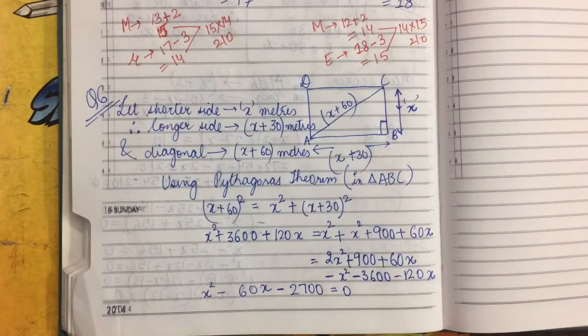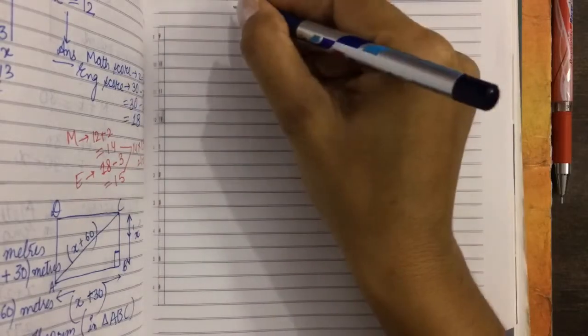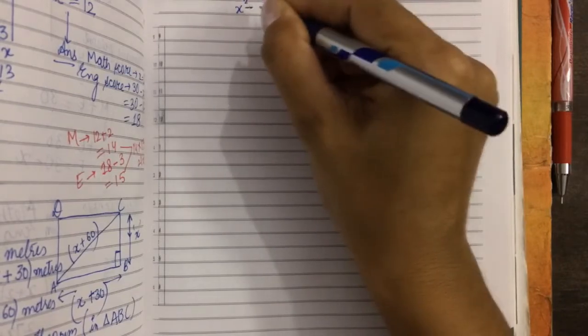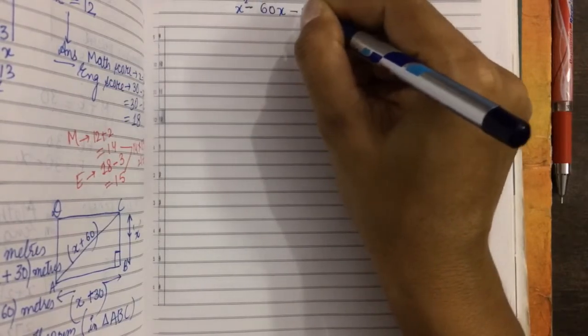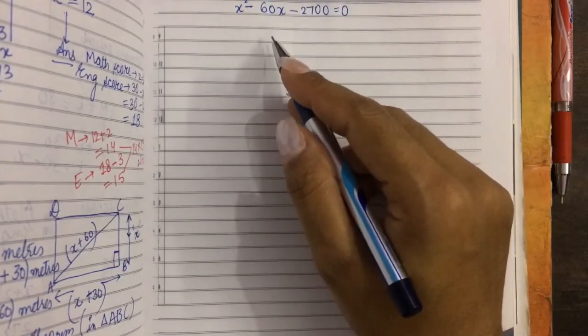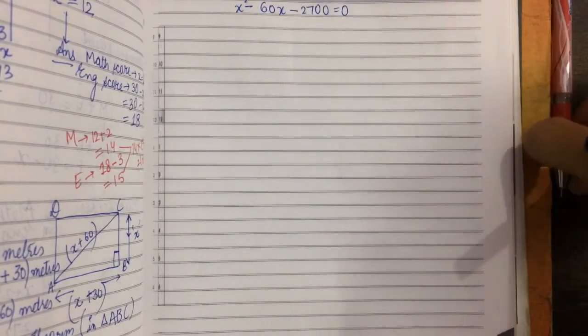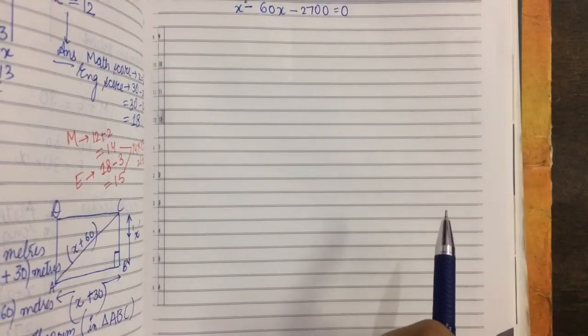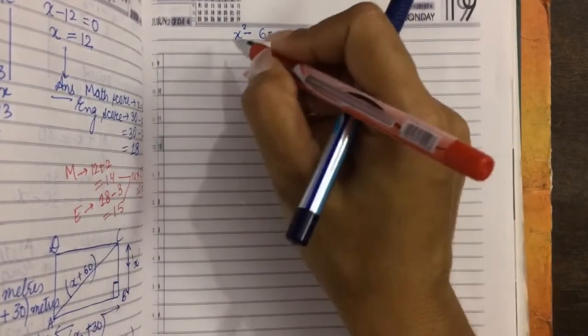Let's factorize it or apply the quadratic formula and find out x. So the quadratic equation that I have obtained is x square minus 60x minus 2700 equals 0. I'm going to apply the quadratic formula here. To apply the quadratic formula, I need to compare my equation with the standard form.